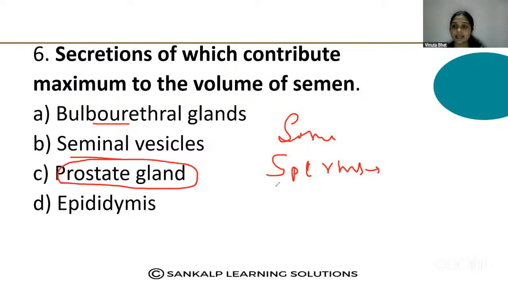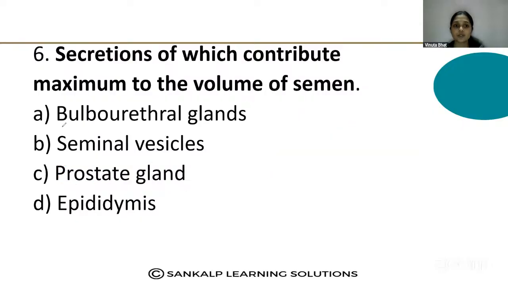Mainly which of the following glands contributes the maximum volume to the semen? Is it bulbourethral, seminal vesicles, prostate, epididymis? The correct option is B, the seminal vesicles.